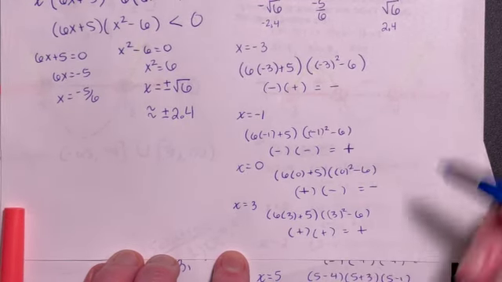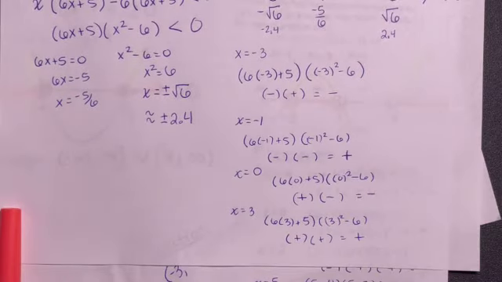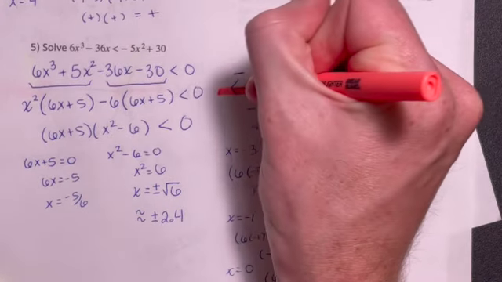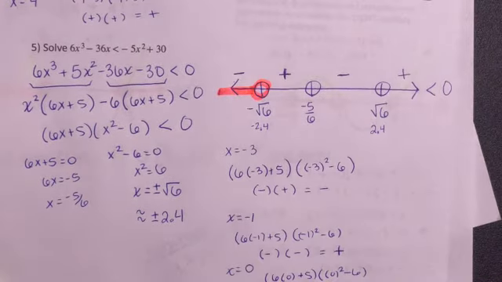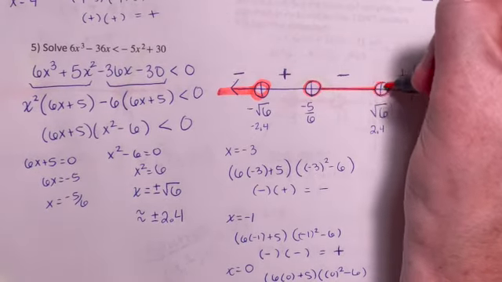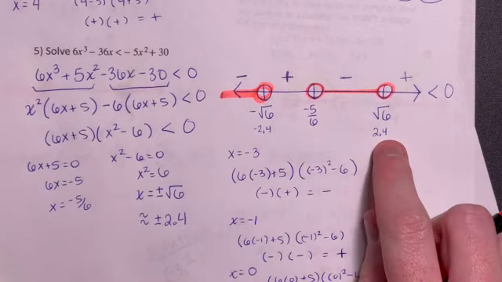So a positive times a positive is positive. We are looking for, when is this function less than 0? That was to the left of negative square root of 6, and in between negative 5/6 and the square root of 6.